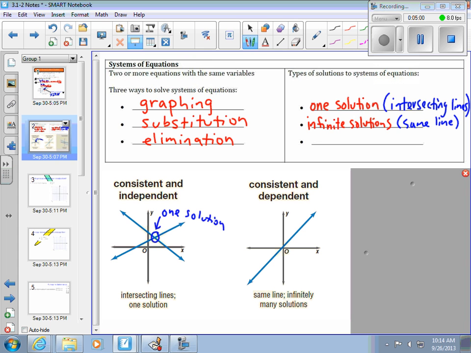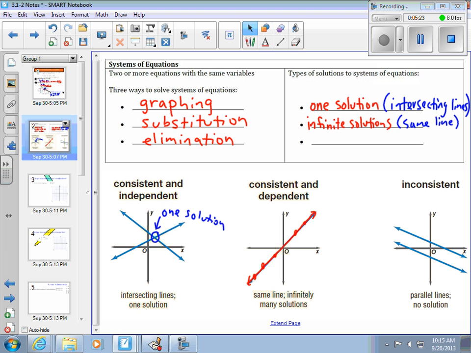Because if we have this blue line here and we graph another line exactly the same over it, these two lines are touching at every possible point. So any point on the line would be an answer for both. So we say there are infinite solutions. The last thing that you could get is that there are no solutions.